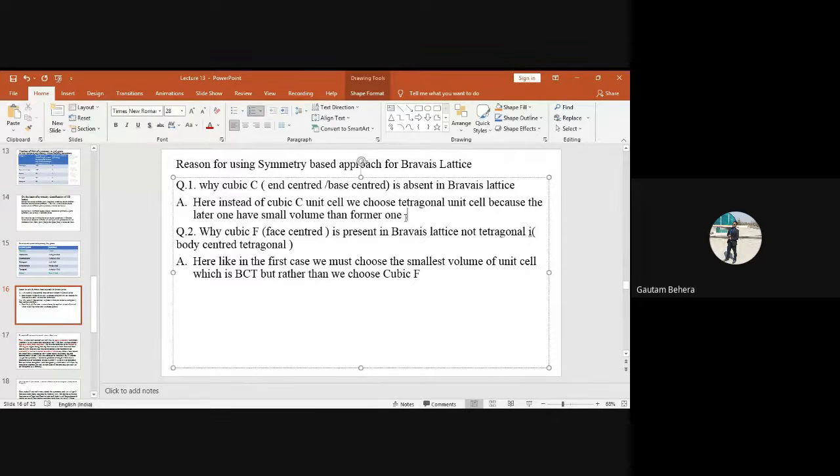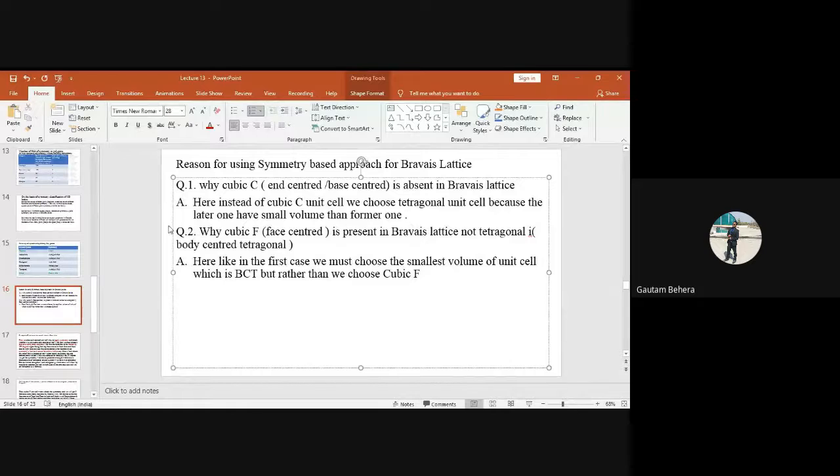You will find that the tetragonal unit cell has lower volume. So that's why we choose it. But I have also told you, small volume is not always the rule. You have to look into the symmetry. The unit cell you choose must have the highest symmetry. Then only we can choose it.